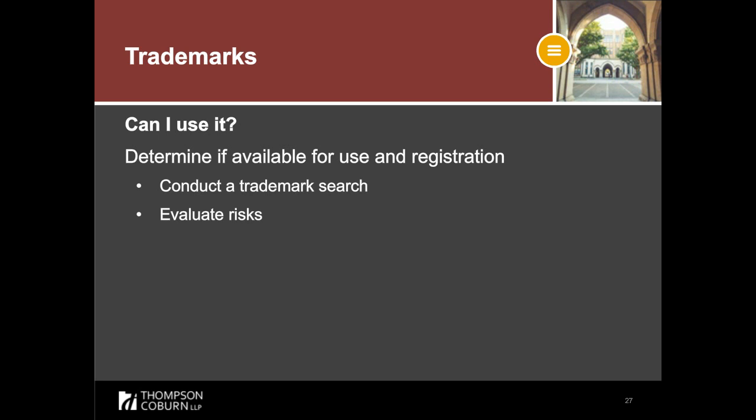The standard that you're looking at there is likelihood of confusion. Are consumers likely to be confused that your product or service is somehow associated with a product or service that is offered by the other party who has a similar mark? That's why factors such as the consumers of interest, who's actually going to be seeing the mark, and the exact nature of the relevant goods and services come into play.